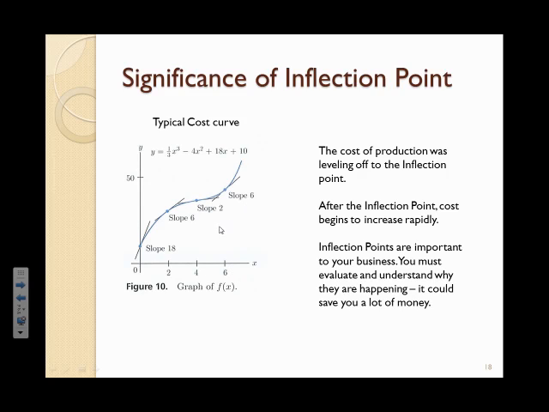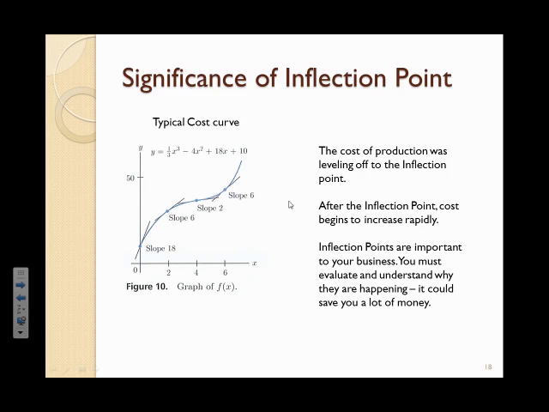The cost will go up, and the cost of the machine immediately is steep because you have to pay for the machine, but then the more you use the machine, or the faster the machine runs, the more output you get in the same amount of time for basically the same cost. Then the second machine, initially it would be expensive, and then it's going to level off and become very efficient. So it's an important point. When your costs level off and begin to increase, then you maybe need to figure out what you need to do.